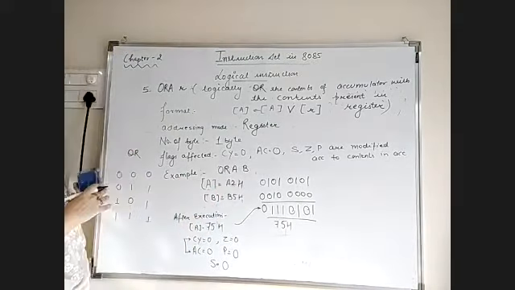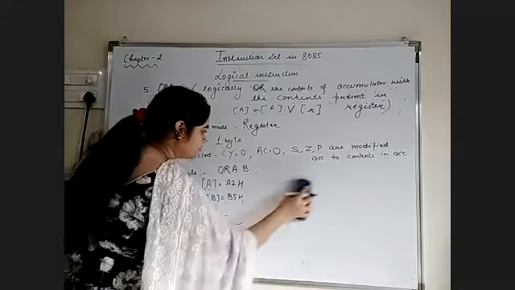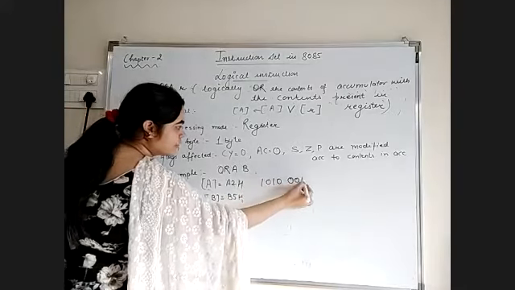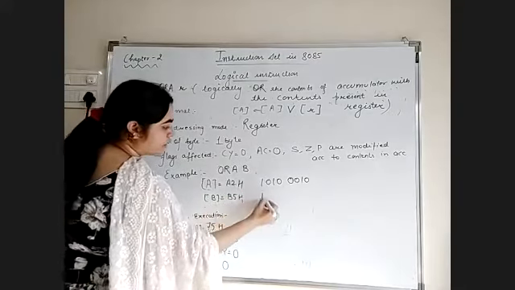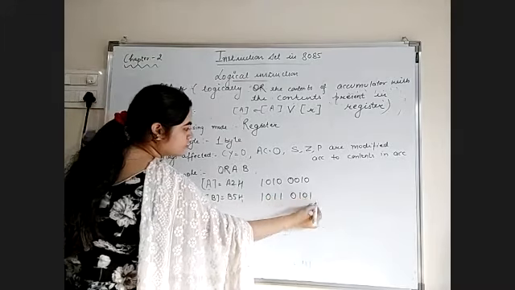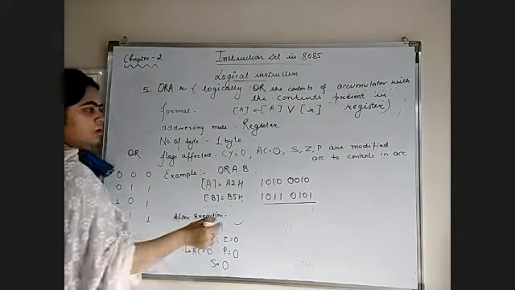Now we can apply the logical OR operation between A2 and B5. A2 means 1 0 1 0 0 0 1 0. B5 means 1 0 1 1, and 5 is 0 1 0 1. Now see what the logical OR result will be.